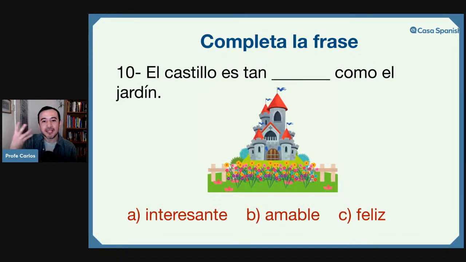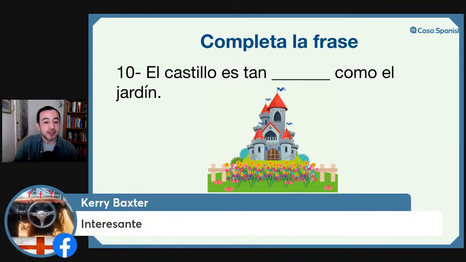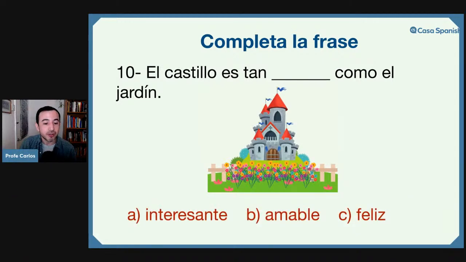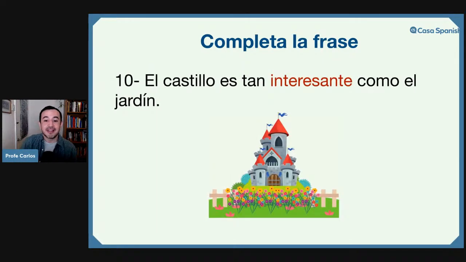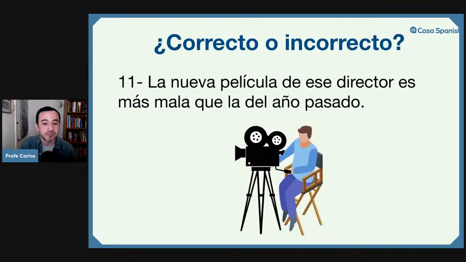Amable is nice, but not as in gentle. And feliz, happy, because castillo is an object. It's not an attribute that you would put in a castle. So yes, of course, Carrie, that is interesante. Very, very good. So, el castillo es tan interesante como el jardín. Excelente, chicos. Continuamos.